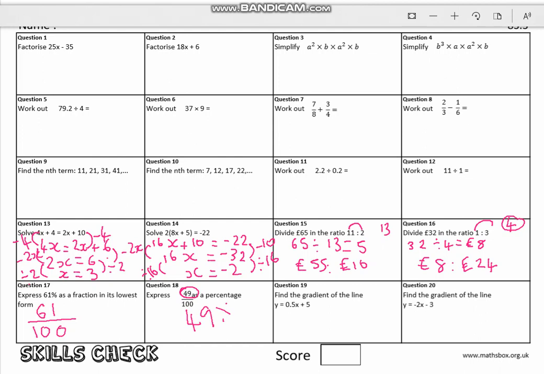The last 2 are a little bit more difficult because we haven't really gone through this in class at all. When it says find the gradient of the line, it's basically imagining a line on a graph that would be like this. The gradient is essentially how steep the line is. When it's in the form y equals something x plus something, the gradient is always the bit behind the x.